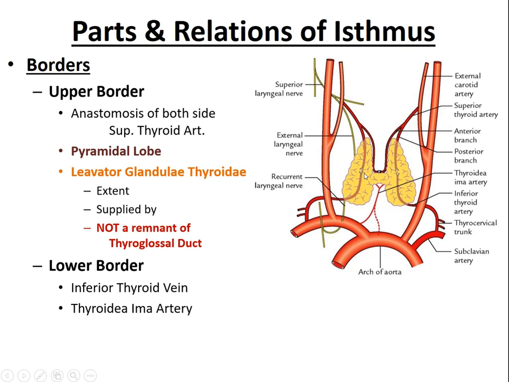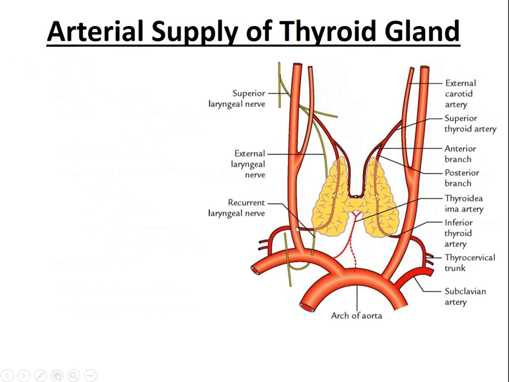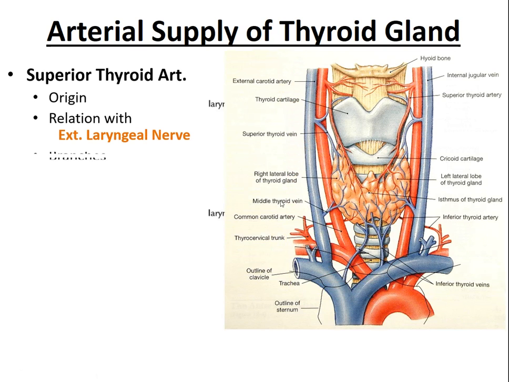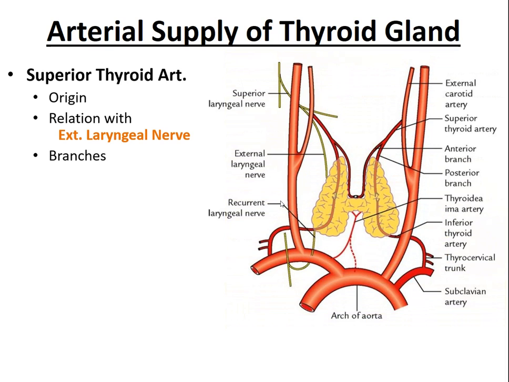Now the blood supply of the thyroid gland. We have already mentioned the two arteries, superior thyroid artery and inferior thyroid artery. We already know the superior thyroid artery and its relation. It is related with the external laryngeal nerve in the upper part, and as it is nearer to the gland, it is separated.